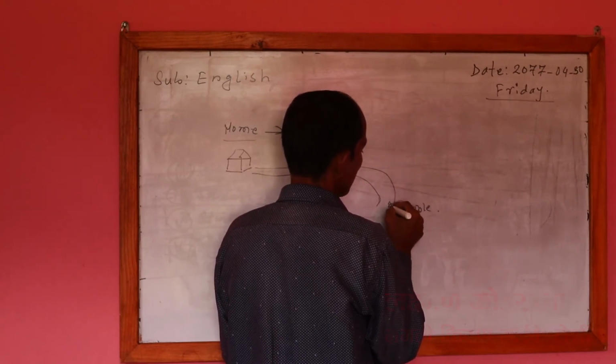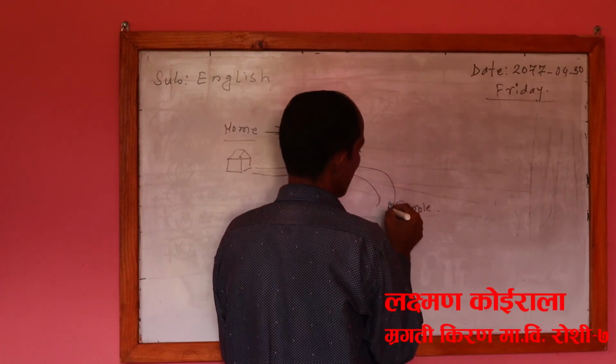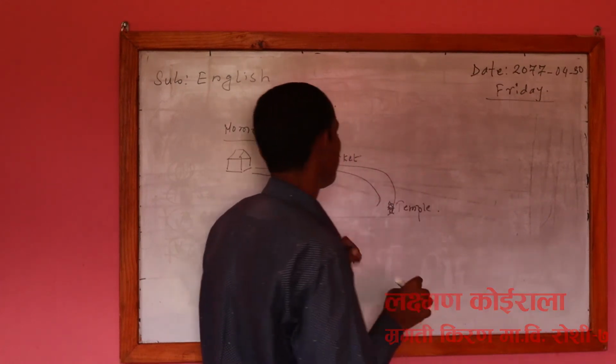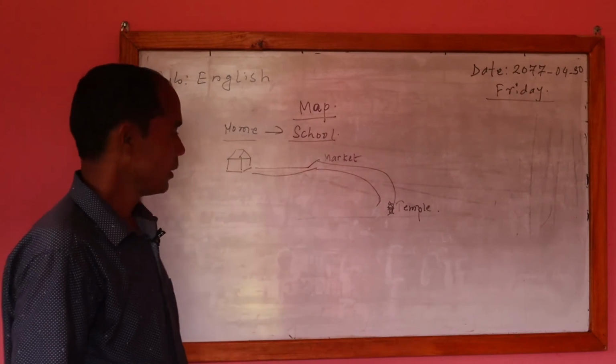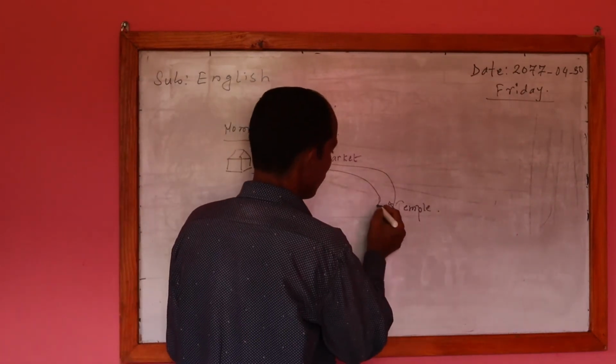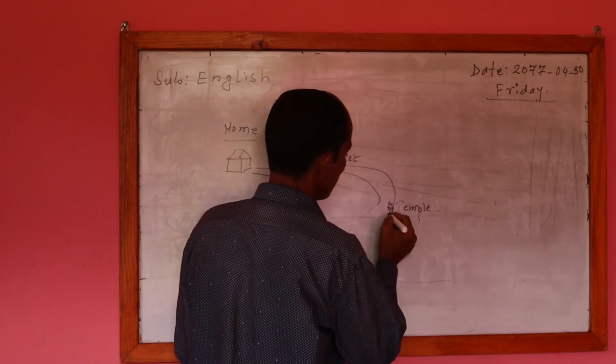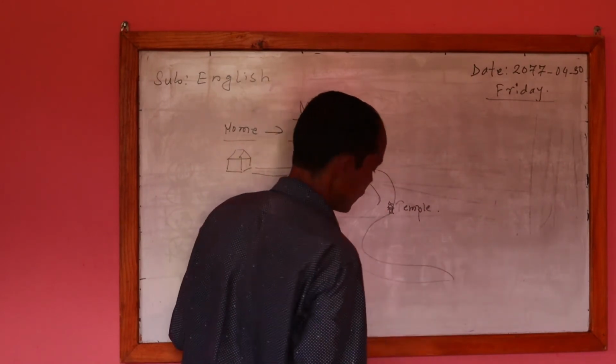Similarly, others are also there. Like this way, if we draw, then we can go to that place very easily with the help of the map.